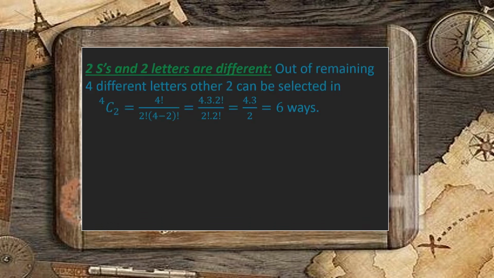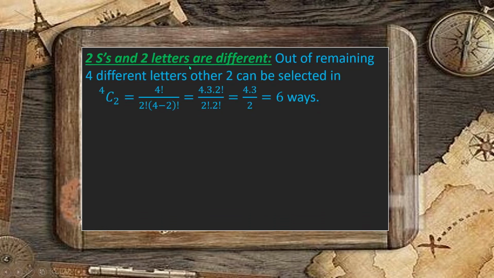Now follow. 2 S fixed and 2 letters are different. So out of the remaining 4 letters, the other 2 can be selected in 4C2 ways.